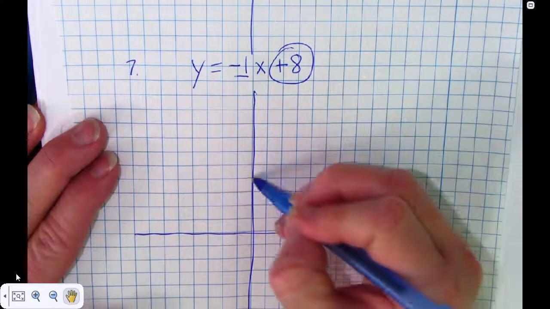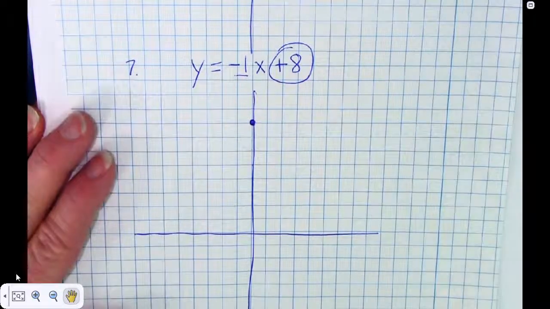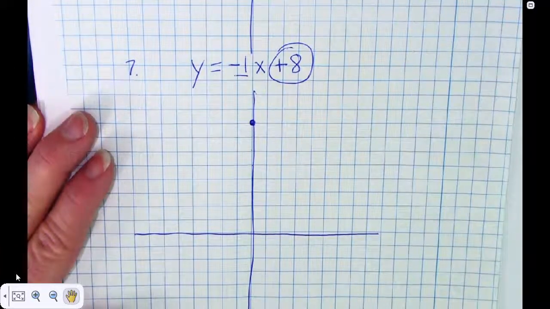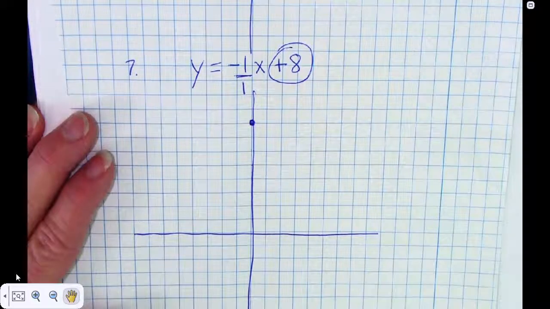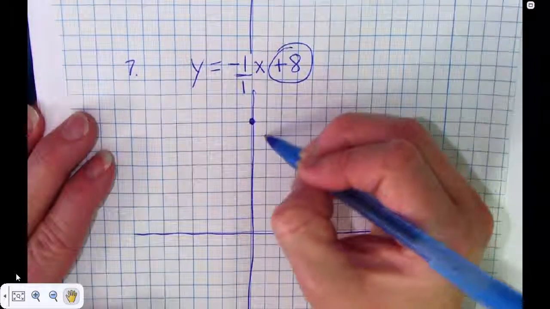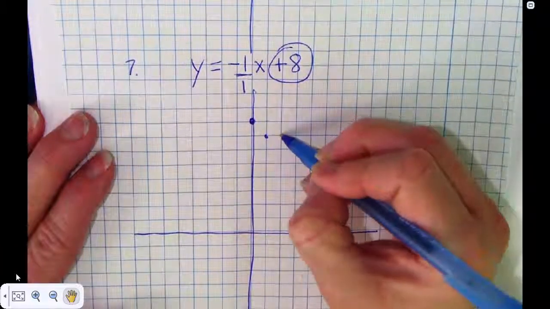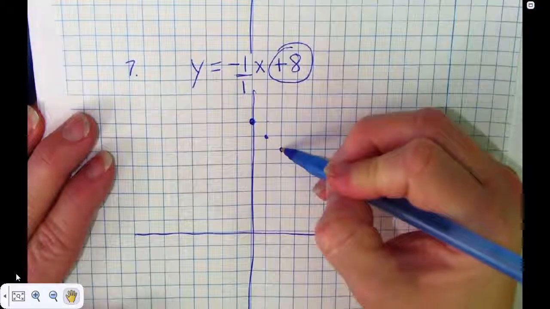1, 2, 3, 4, 5, 6, 7, 8. Now, the slope is -1. We have a rise. We need to put it over 1, so we'll have a run. We're going to run 1, down 1. Guys, you know what we could even do?